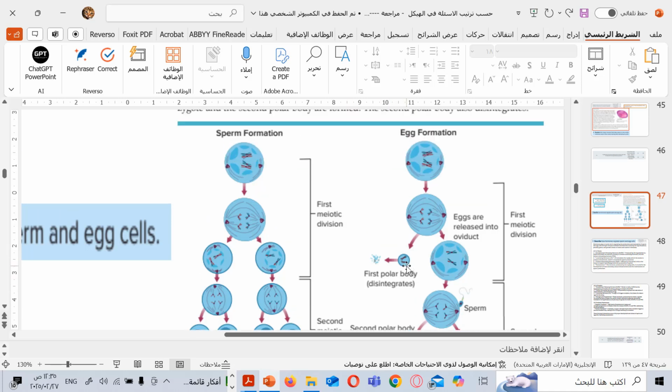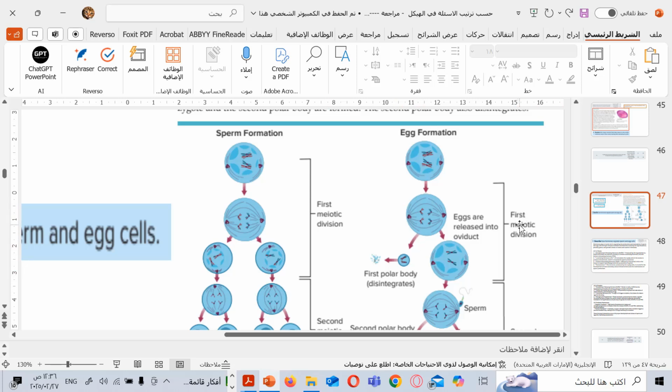But in the female it is different. The first meiosis gives us one egg, our primary egg, which goes into the oviduct, and the other one gives us the first polar body. The first polar body takes half of the chromosomes.